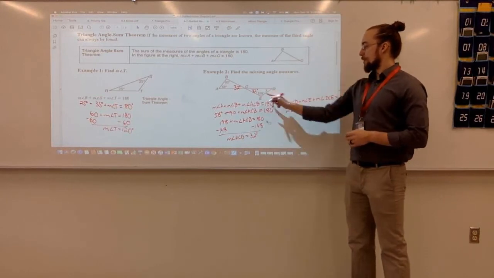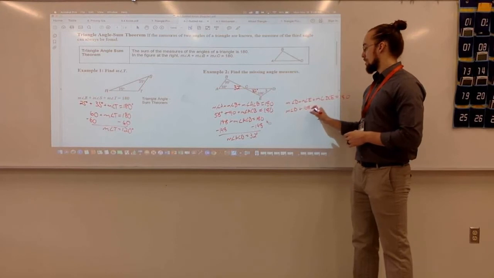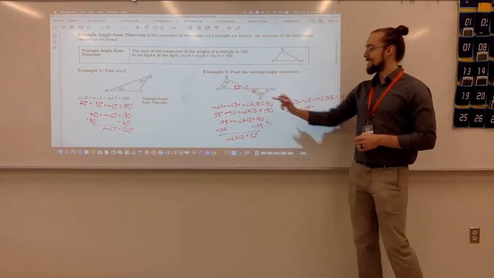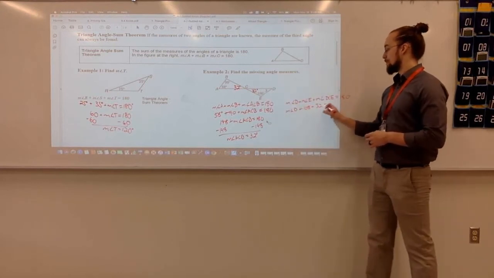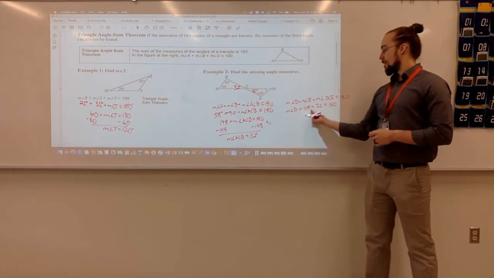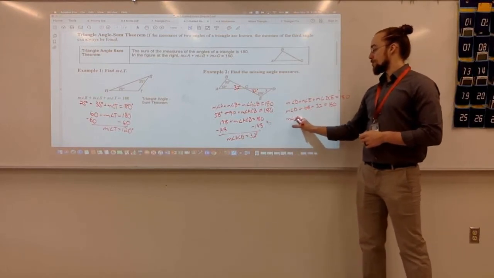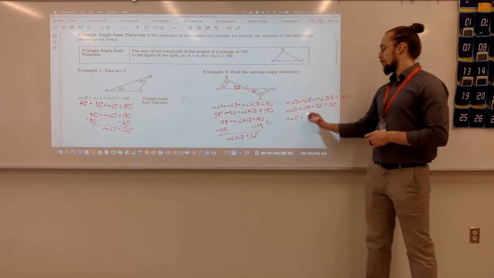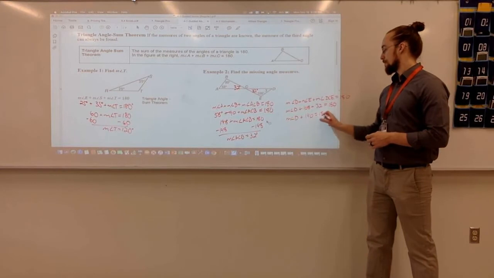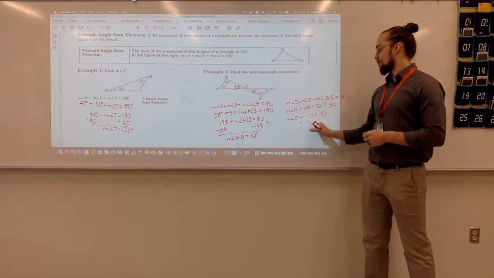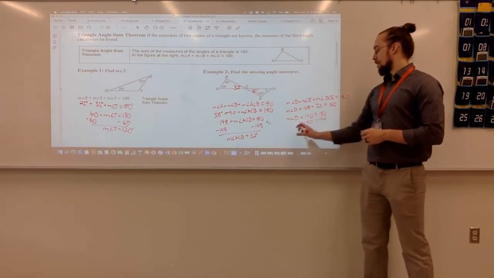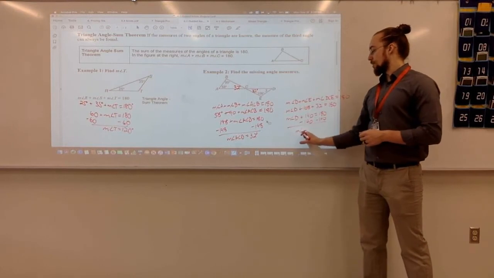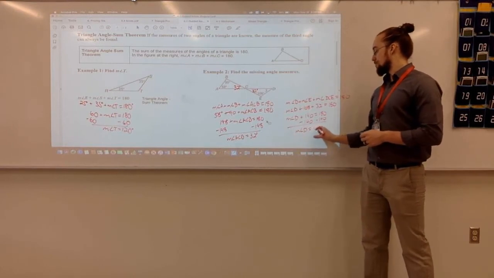I know the measure of angle E is 108. I know the measure of angle DCE is 32. Combine my like terms. So 108 and 32 is 140. Subtract the 140 over. And we get that our missing angle is 40 degrees.